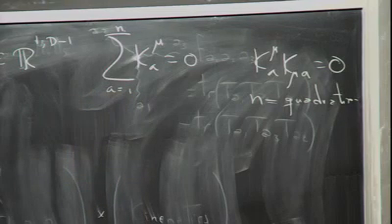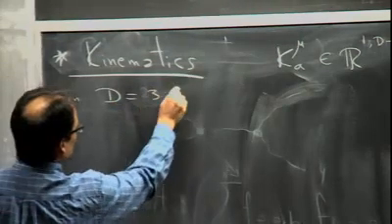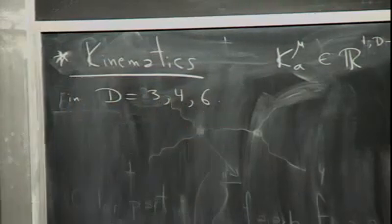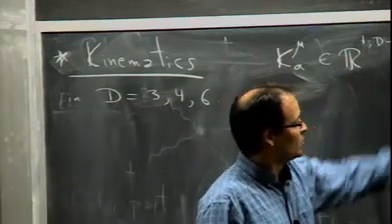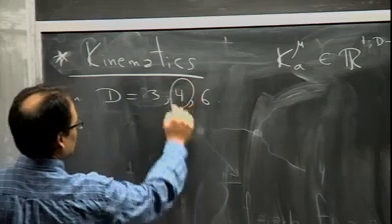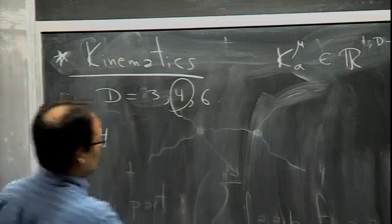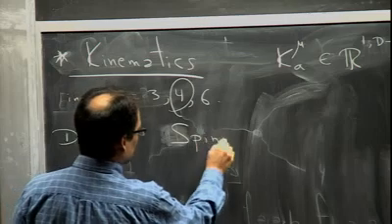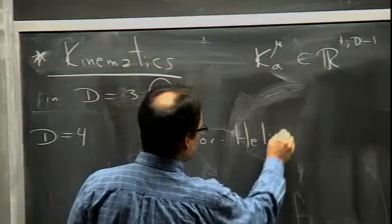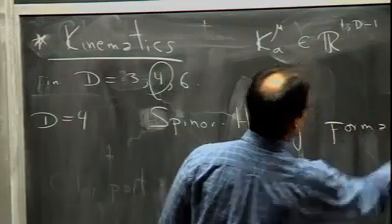So it turns out that this is actually possible, or there is a nice representation, in d equals 3, 4, and 6. In dimensions 3, 4, and 6, there is a very nice way of representing these objects. For today, we're going to concentrate on d equals 4. So in 4 dimensions, this goes by the name of the spinor helicity formalism. Okay?